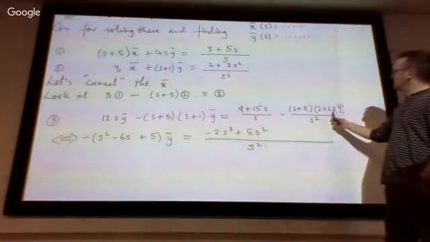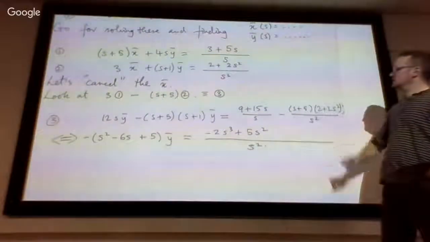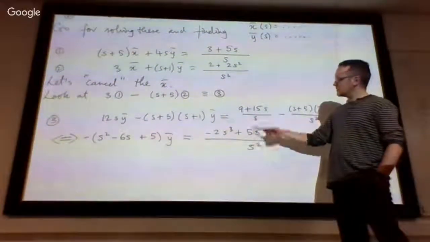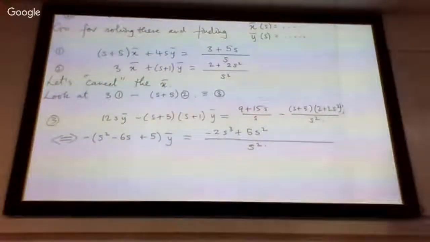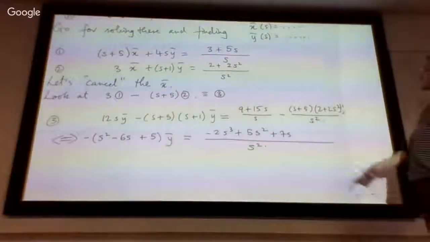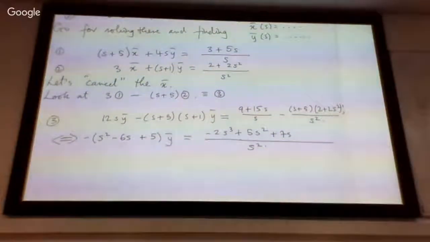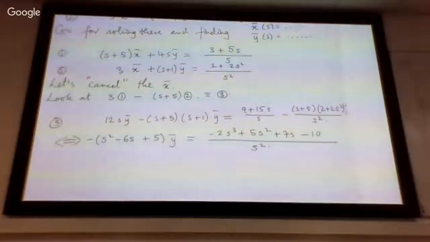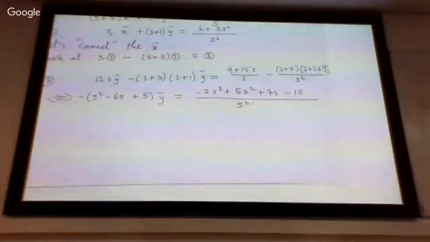The S's, minus 2S here. And that's going to be multiplied by S to get it over S squared, so 9S. So 9S minus 2S, 7S. Constant term is just your 2 times 5, minus 10. Okay? Everybody okay with it up to there?